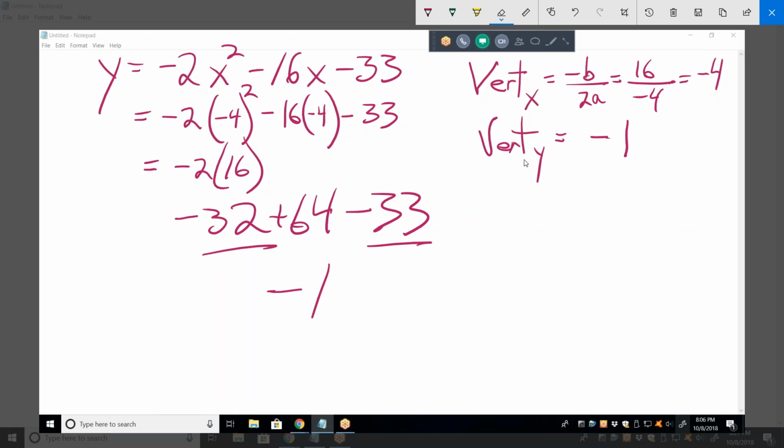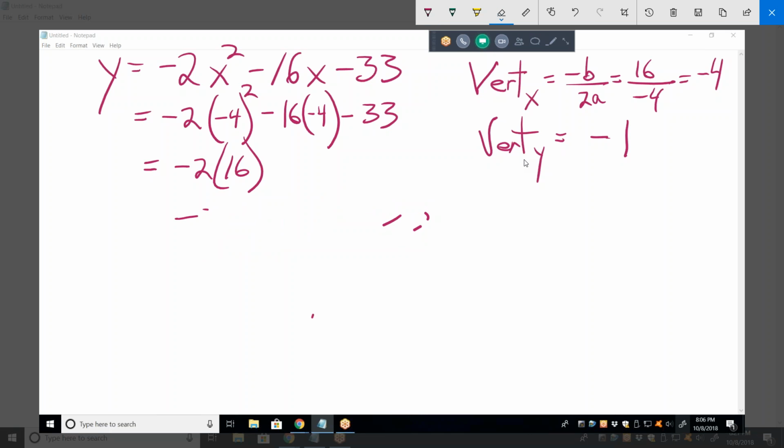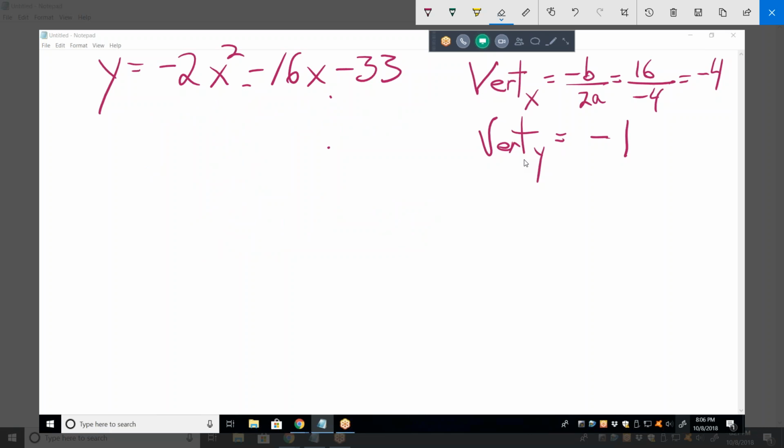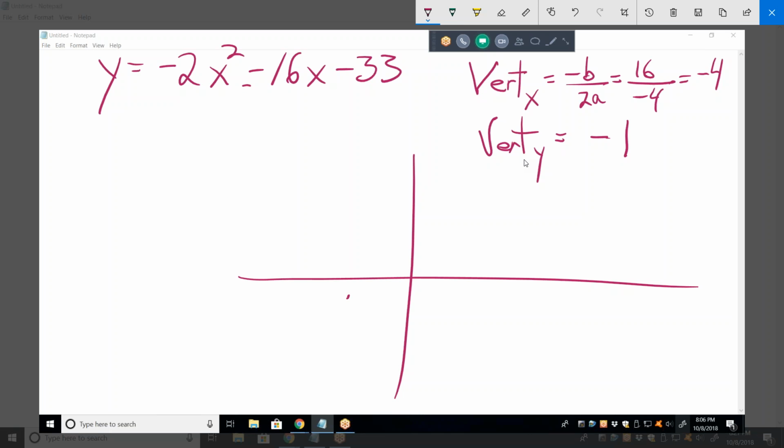Erase some of that so we have room to draw the graph. I'm going to start the graph now because I've got the most important point. Always the most important point is that vertex. That vertex is right about there. Label it (-4, -1).